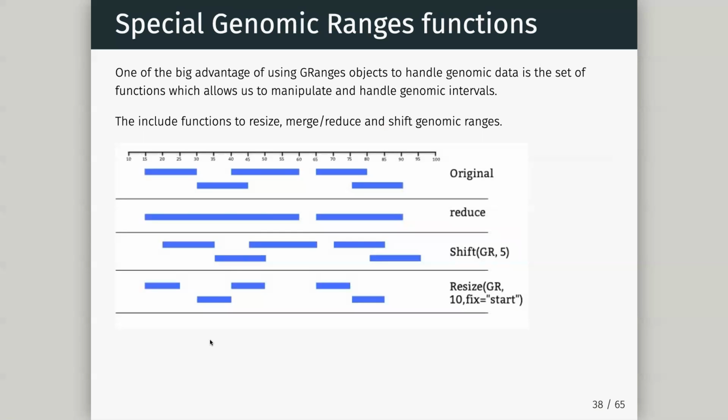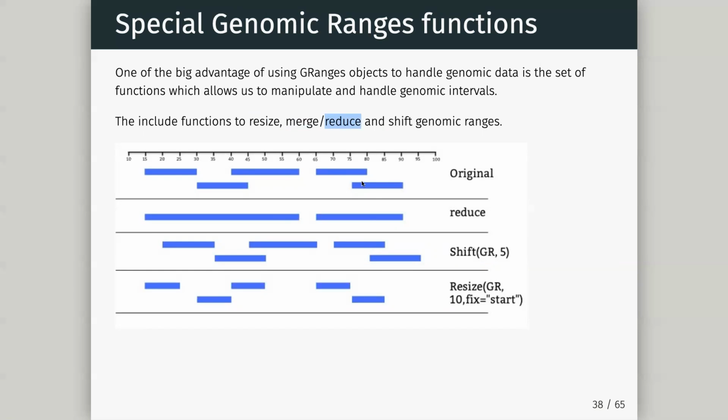One of the big advantages of GRanges, and this is why I came to GRanges, is that it has some very simple functions available to you, like resize, where we can change the shape or the size of a range, and merge or reduce, which is an interesting concept.